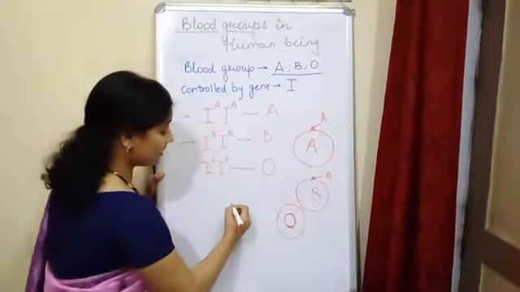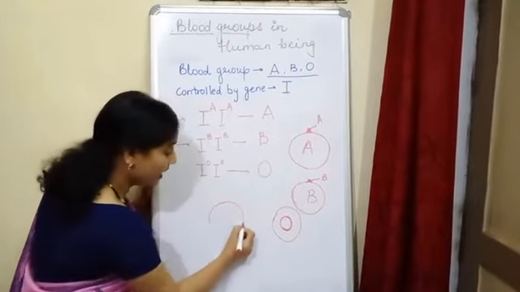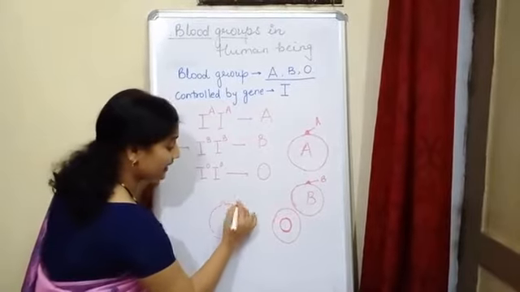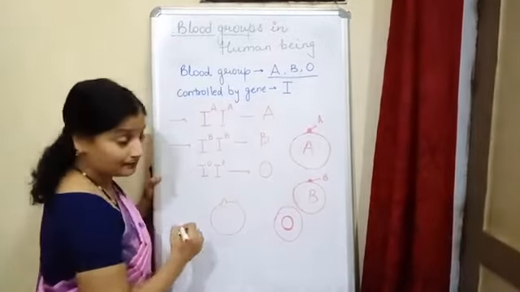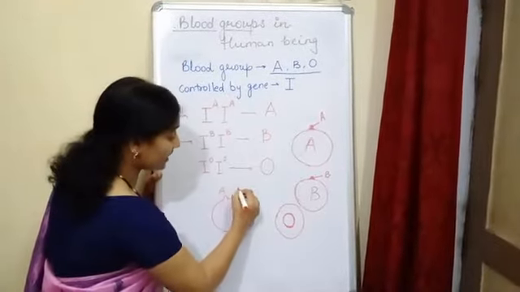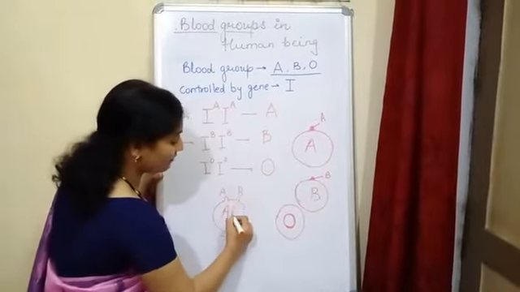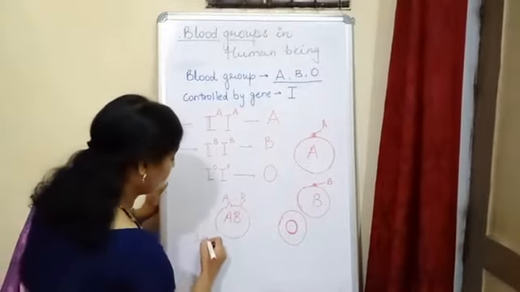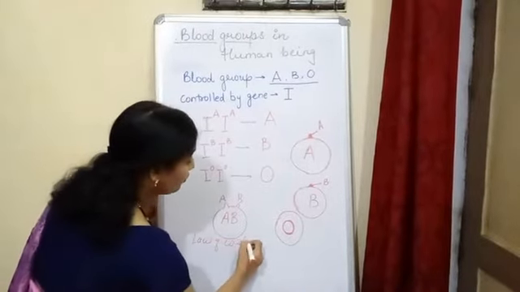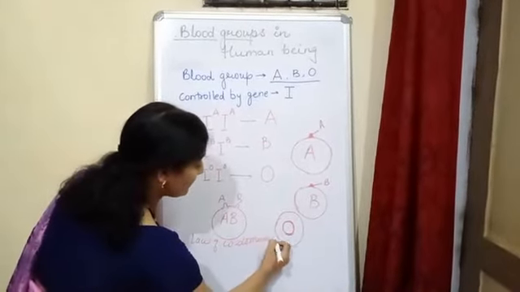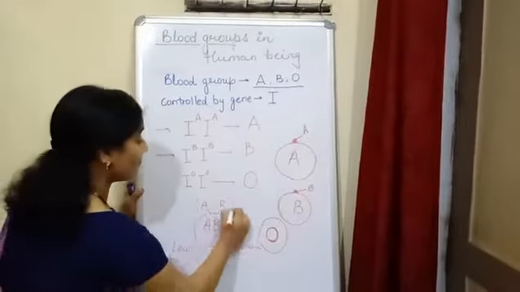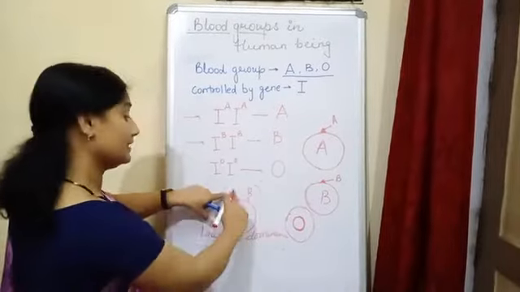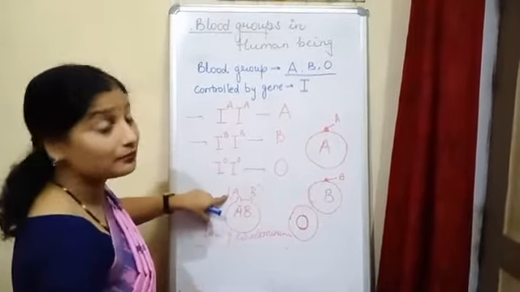There are cases when both the antigens, A and B, are present on the RBC, and we say that the person has blood group AB. This is called the law of codominance, because both these antigens are present together and represent our blood group.